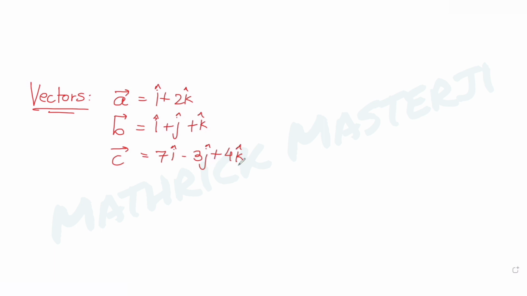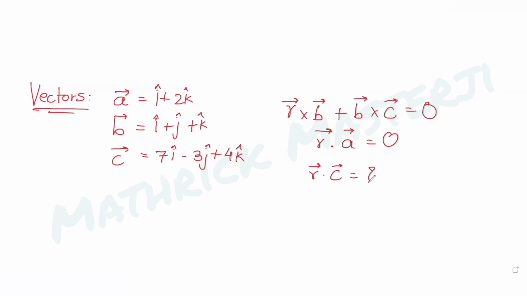Further, they have also told us that vector R cross vector B plus vector B cross vector C is equal to 0, and the dot product of vectors R and A is given as 0 again. They have asked us to find the dot product of R and C vector.